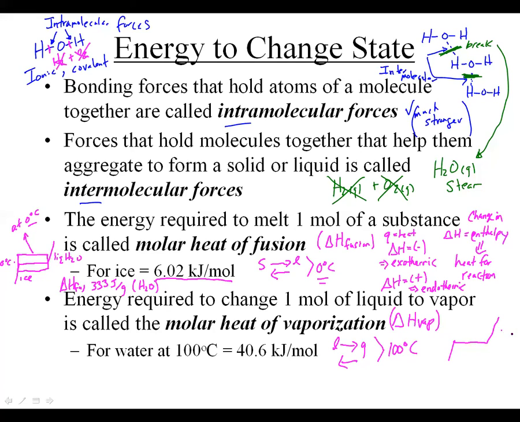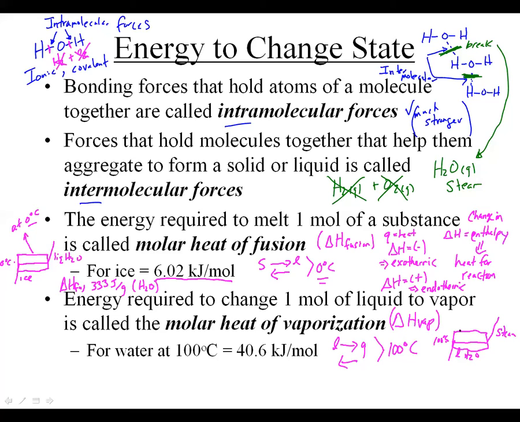This was steam, and this was liquid water, and this was 100 degrees Celsius. It is right there at that flat point between those two phases where this occurs. And again, not changing the temperature, but it takes a certain amount of energy to do that.